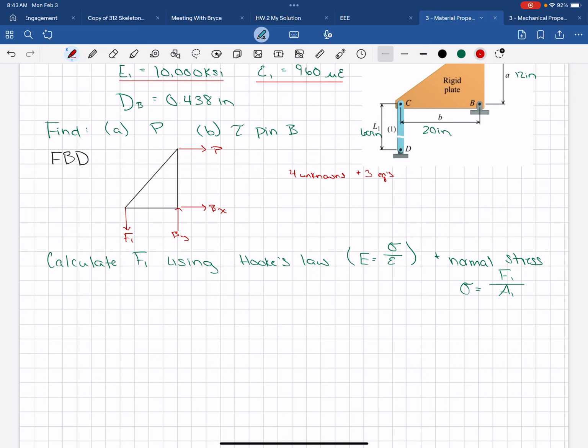So we'll solve for sigma, and then we can solve for F1.